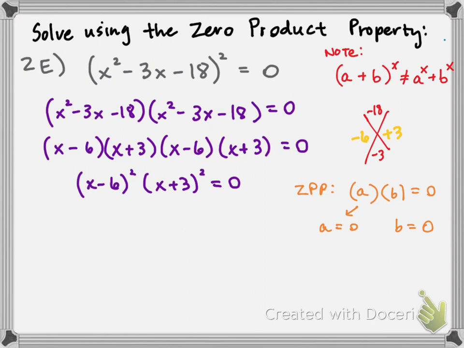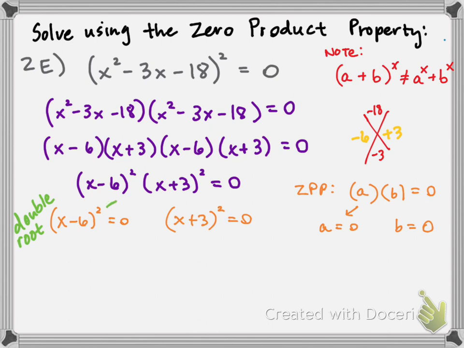Let's do that then. So that means that I have (x - 6)² = 0 and (x + 3)² = 0. Well, now if I see this squared, what this means is this is called a double root. I'm going to write that off to the side. This is known as a double root.